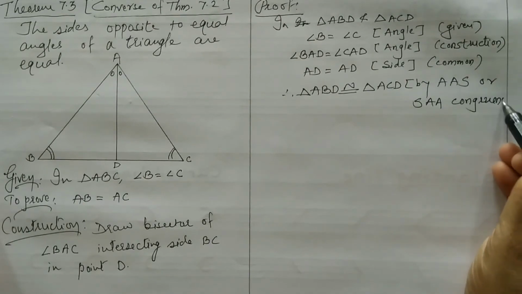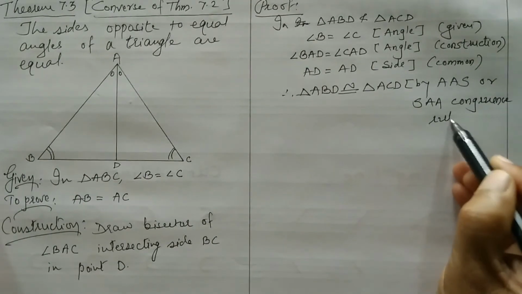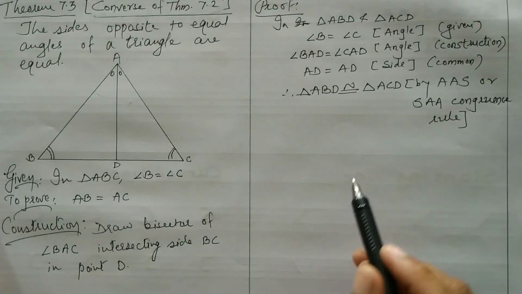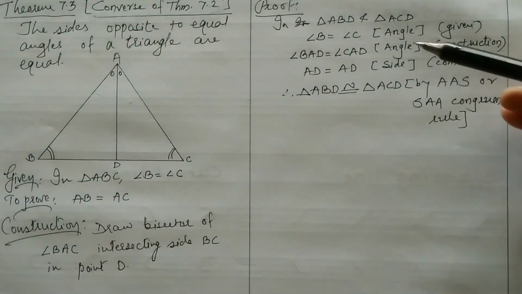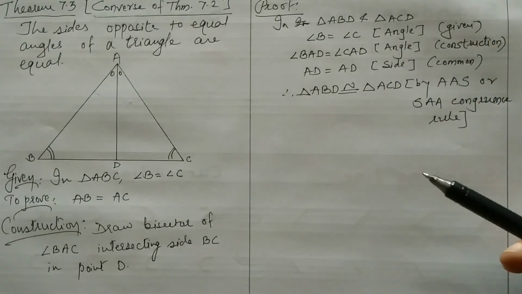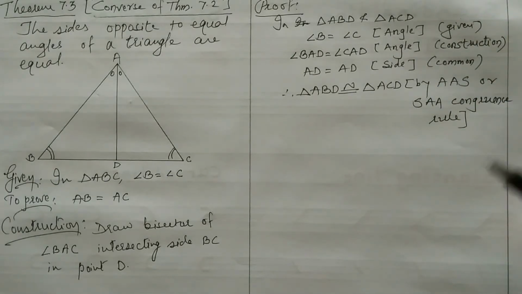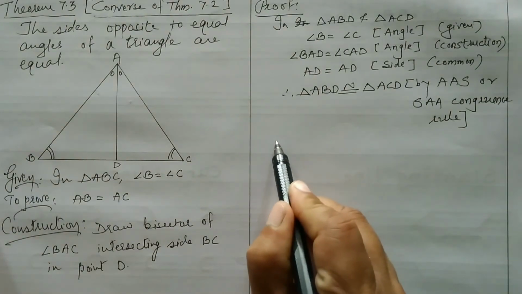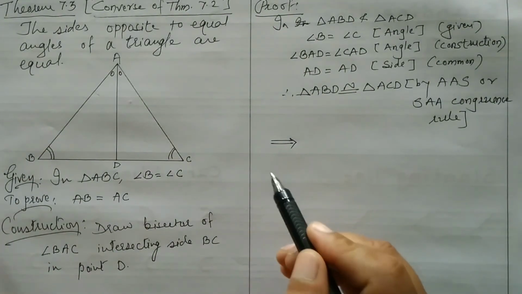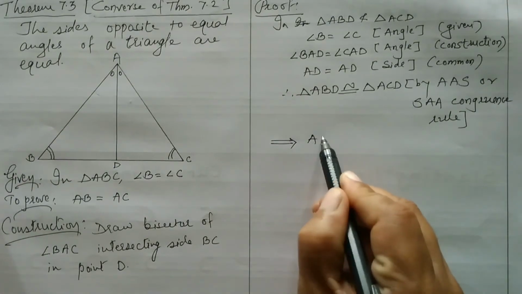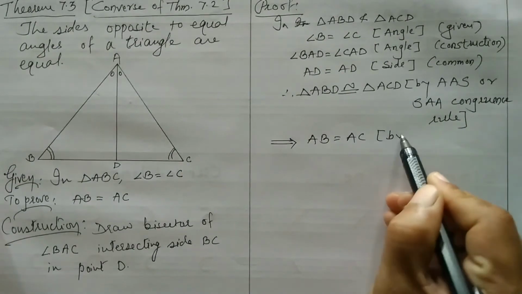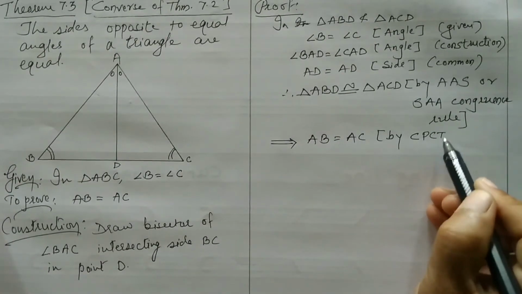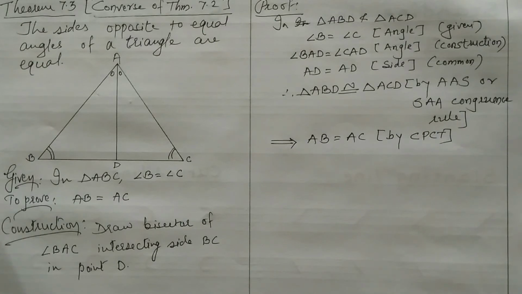When proving triangles are congruent, we select corresponding parts which are congruent. So we proved these triangles are congruent. Now we have used two pairs of angles and one pair of sides, so the remaining parts are automatically congruent. Therefore it implies that AB is equal to AC, by CPCT, corresponding parts of congruent triangles. Hope you have understood this theorem.